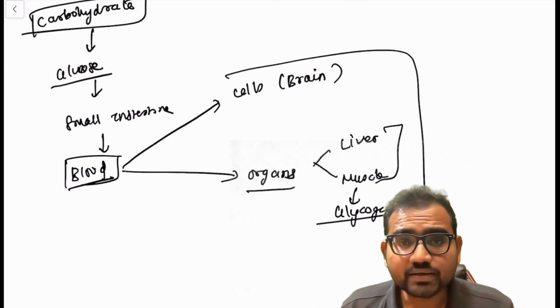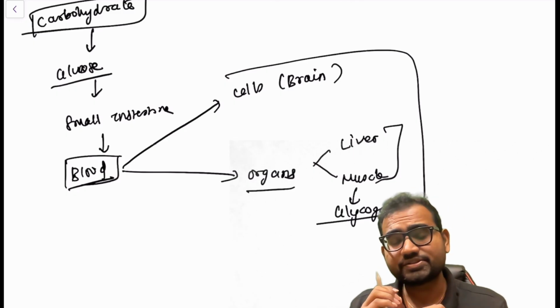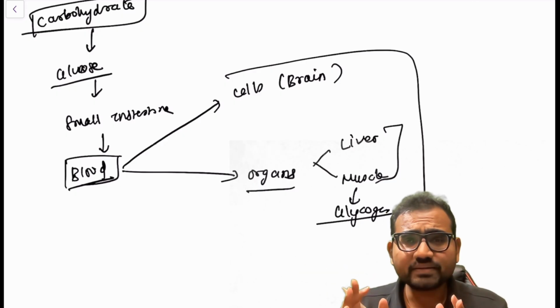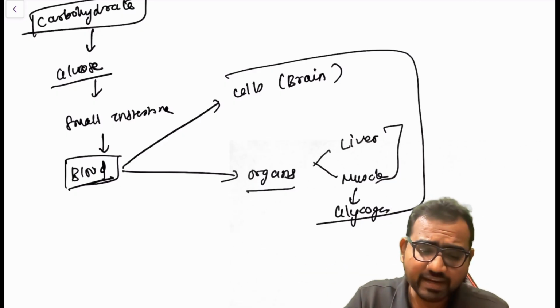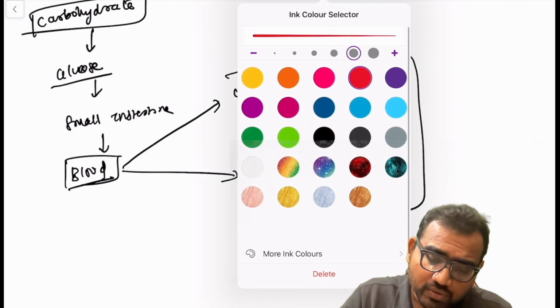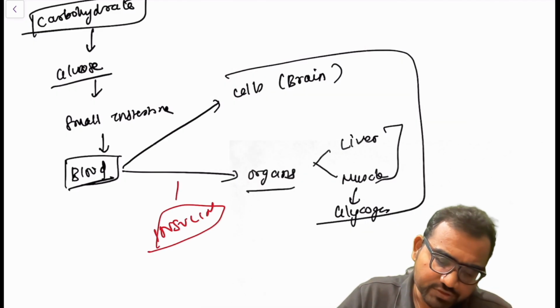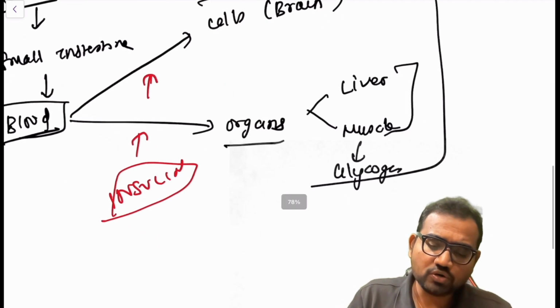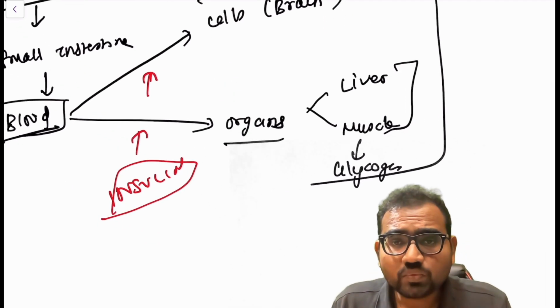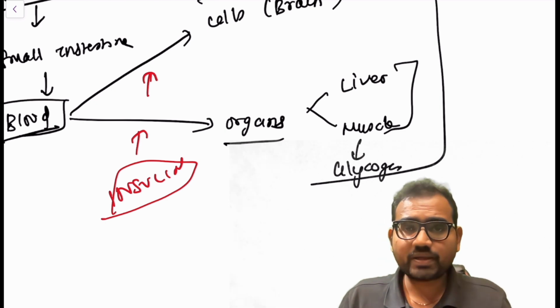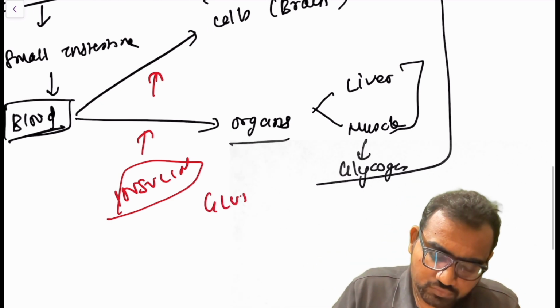And before moving to that, all these functions, that is, glucose being taken up by the cells and by the organs, are basically done by insulin. So insulin is responsible for these functions. What happens is, insulin brings certain transporters to the cell membrane, called GLUT4.